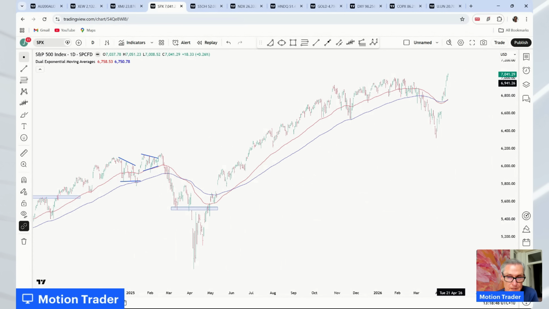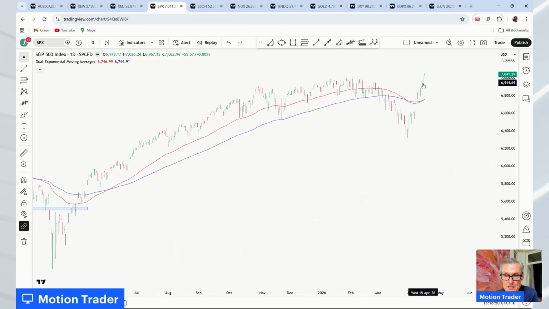So take Wednesday, for instance, just yesterday, when prices made their first new all-time high from this rally. On Wednesday, there were only 12 S&P 500 stocks that were at one-year highs. So the market making an all-time high, yet only 12 stocks are at one-year highs.